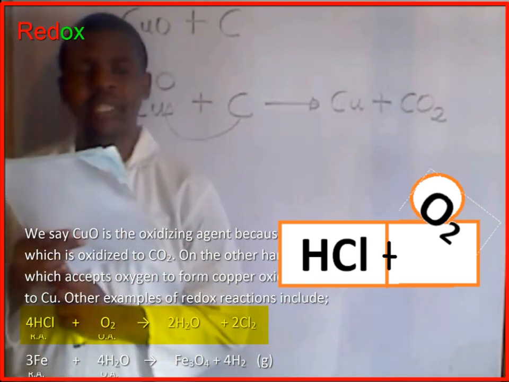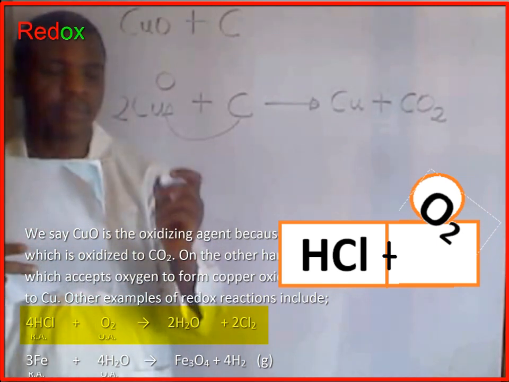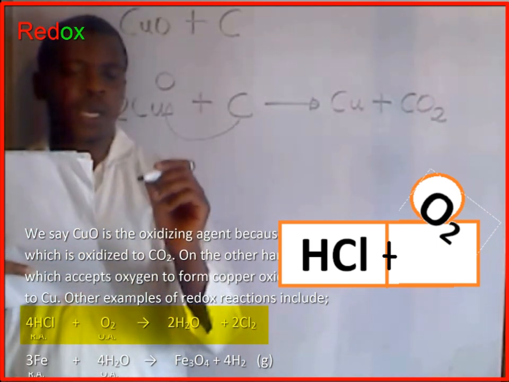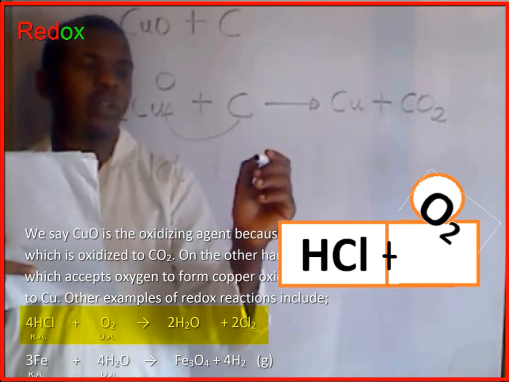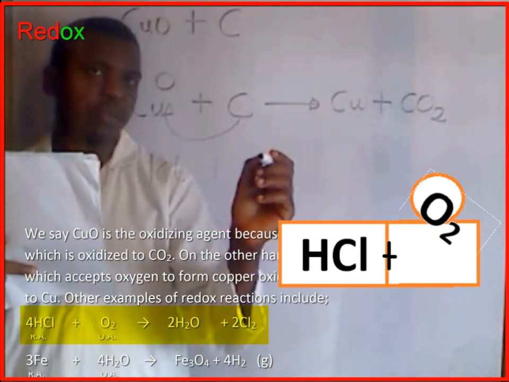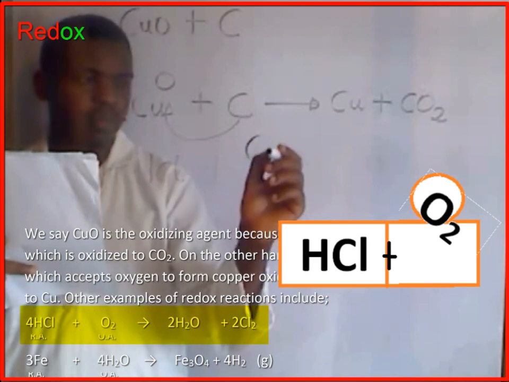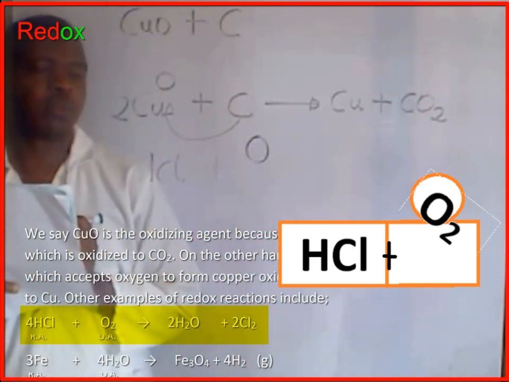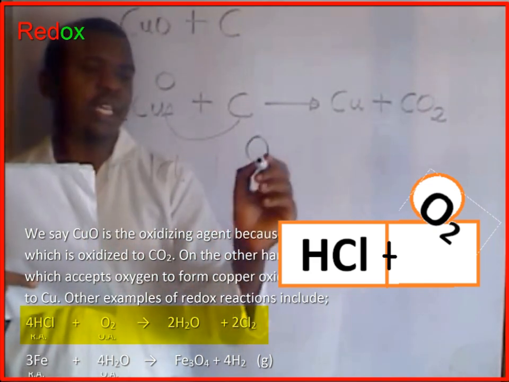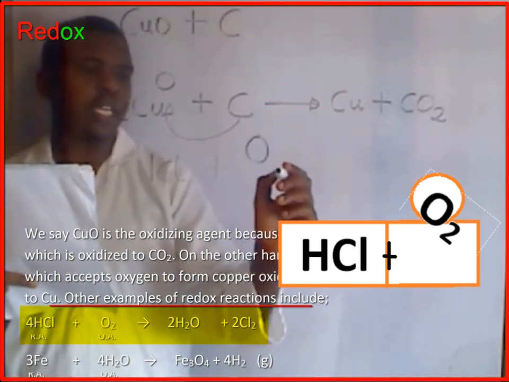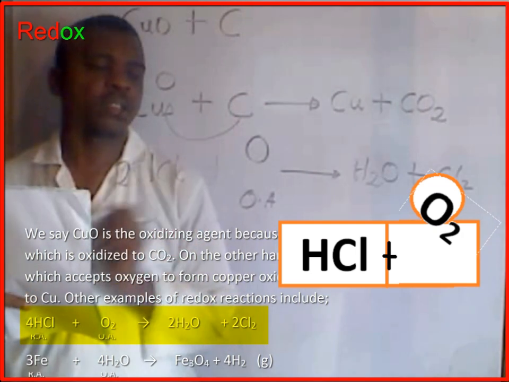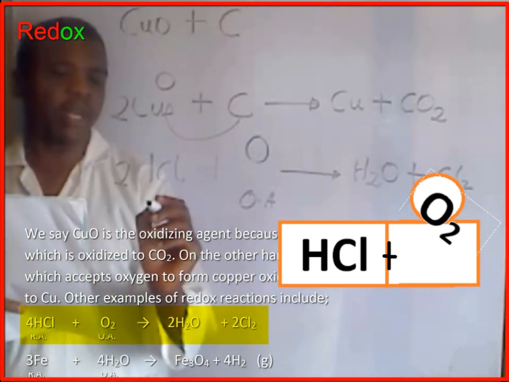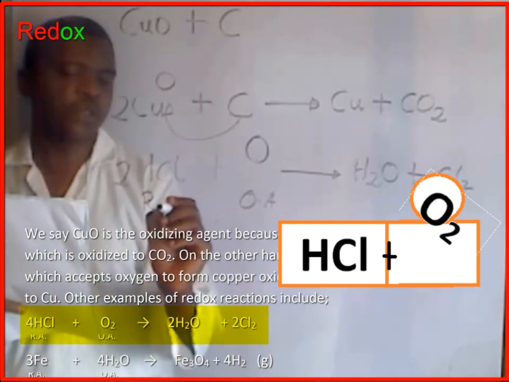Other examples of redox reactions include hydrogen chloride reacting with oxygen. Here we have hydrogen chloride plus oxygen. So our oxygen here is the oxidizing agent because it donates oxygen, while hydrogen chloride is the reducing agent.